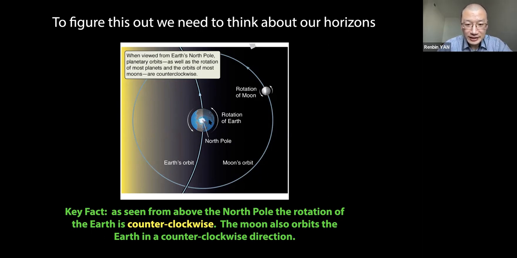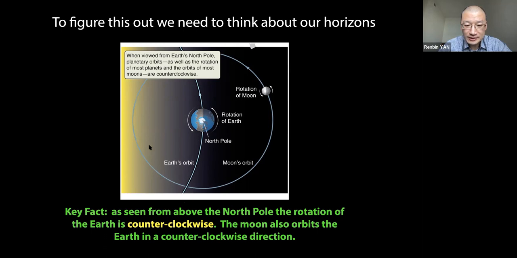So this is the Earth, and if we are looking down on Earth from above the North Pole, the Earth rotates in a counterclockwise direction. Here in this figure I'm placing the sun on the left hand side, and this is the orbit of the Earth, and this is the orbit of the Moon.